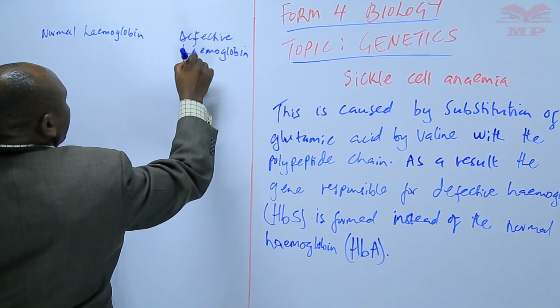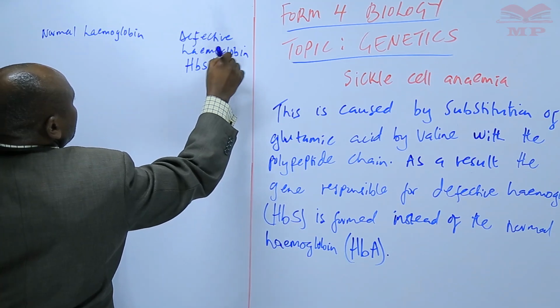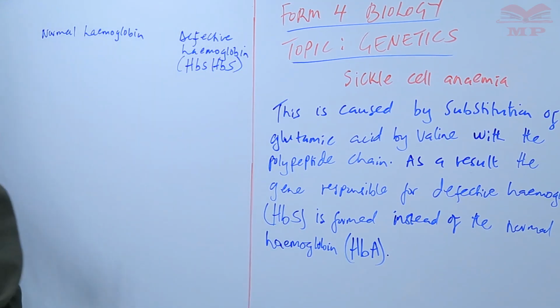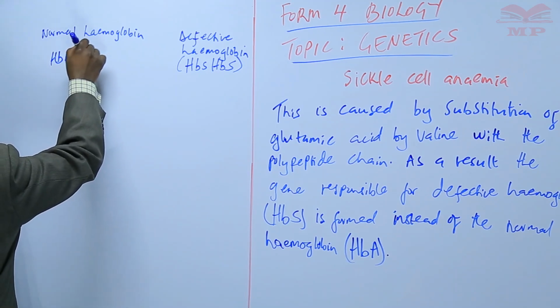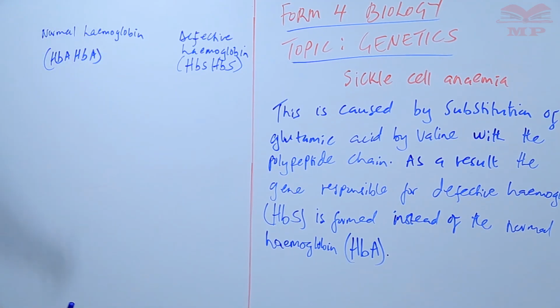So we're going to have a comparison between the normal hemoglobin and the defective hemoglobin, which we are calling HbS, hemoglobin type sickle cell. And then HbA is the normal hemoglobin.